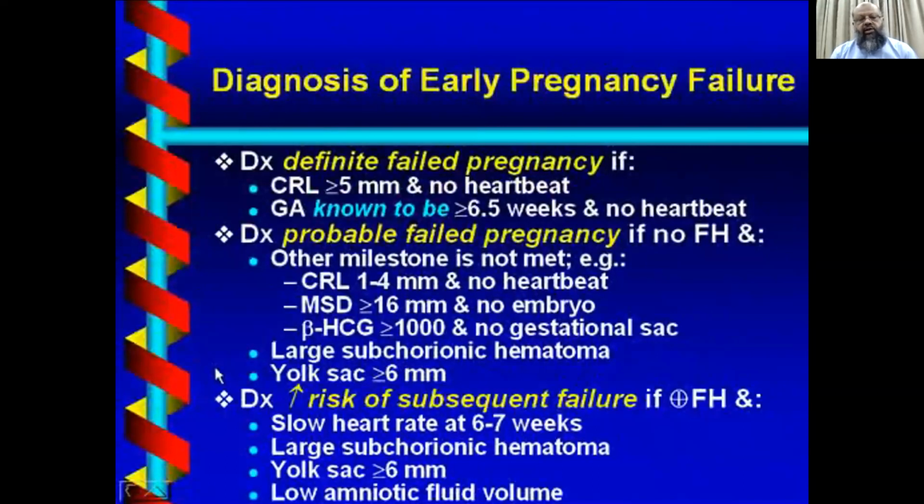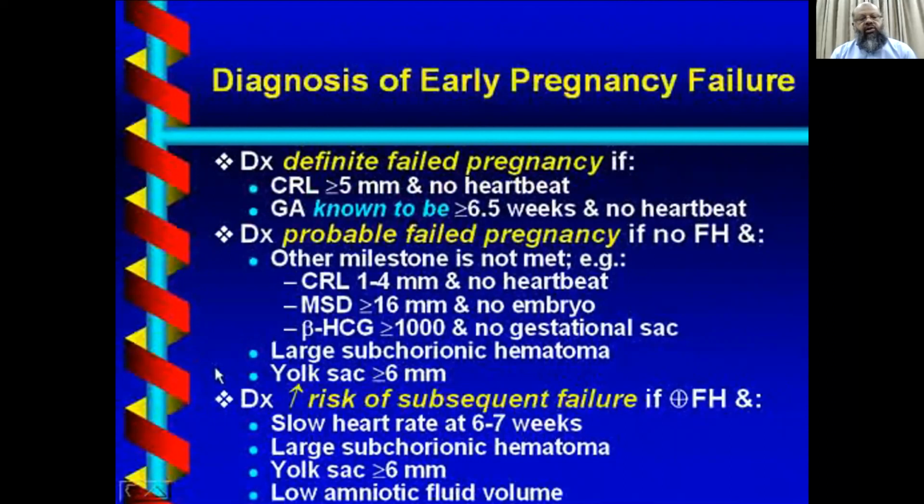Gestational age known to be 6.5 weeks or above and no heartbeat. These are the two conditions which make the diagnosis almost accurate, a definite diagnosis of pregnancy failure.